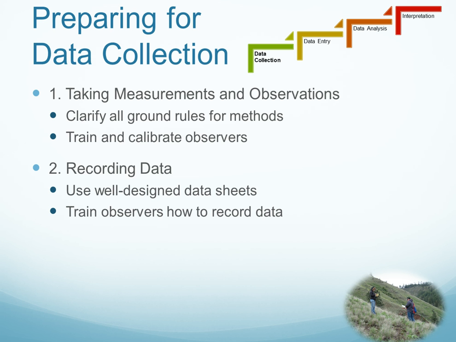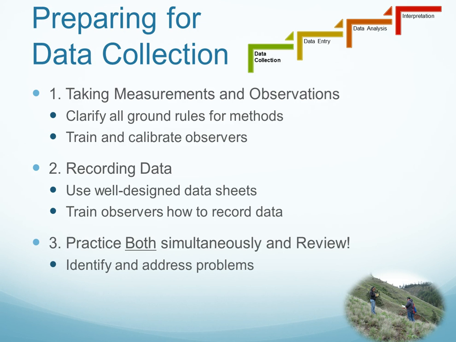We want to make sure that the data are gathered using well-designed data sheets and that the recorders are clearly trained on how to record that data. Usually we want to practice both of these activities simultaneously and then review them in the field. This enables us to identify any problems that may exist and address them so that they do not create problems down the line.